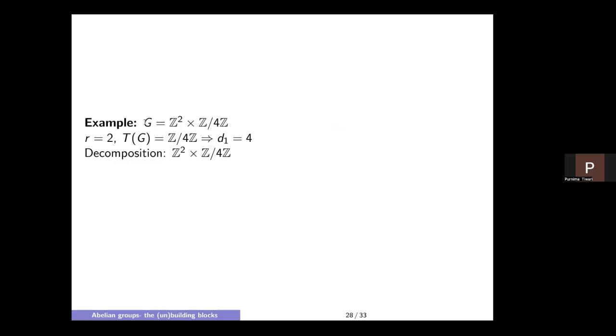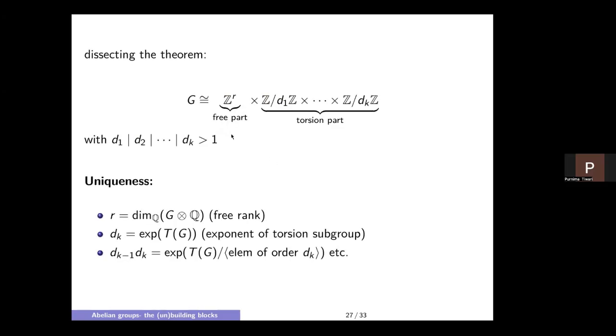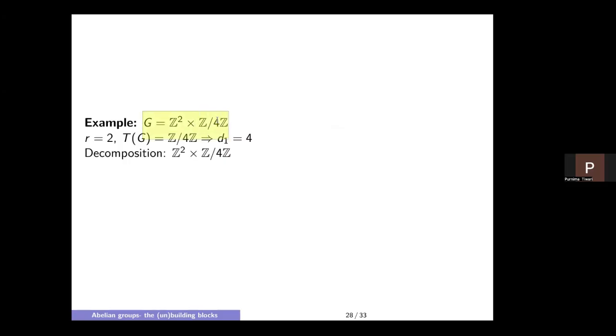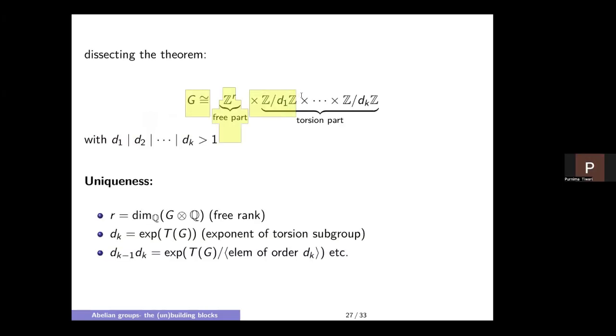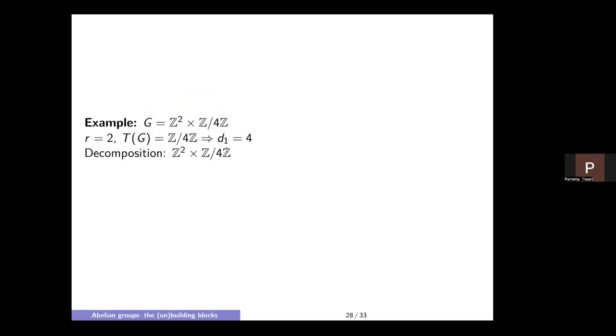If we compare this, do you see if I highlight it like this? Is this visible? Yes. So if we compare this with what is given here, we see that R is 2 here and d1 is 4 here. This is essentially what we have stated, and the decomposition is written exactly like that.